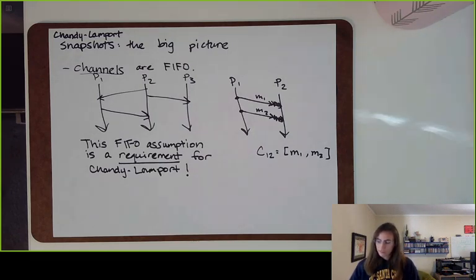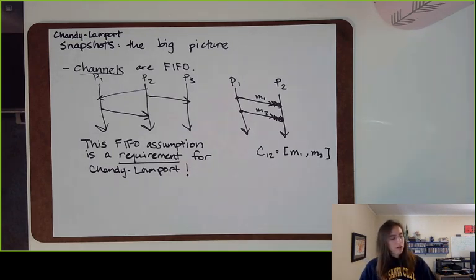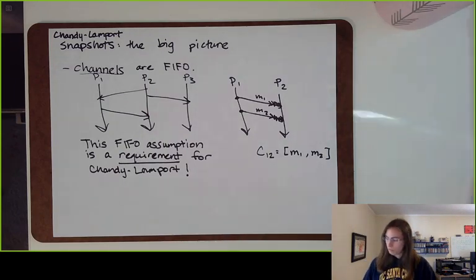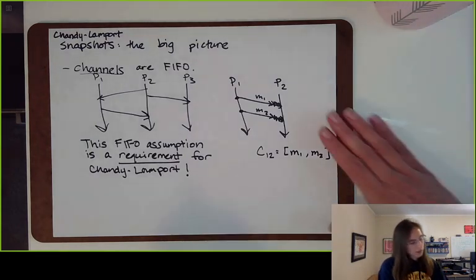In particular, my understanding from the literature on this, although I'm not an expert on snapshots, is that if you want to allow non-FIFO channels, then you have to pause application messages sometimes. We said that one of the really cool things about the Chandy-Lamport algorithm is that you don't have to do that.